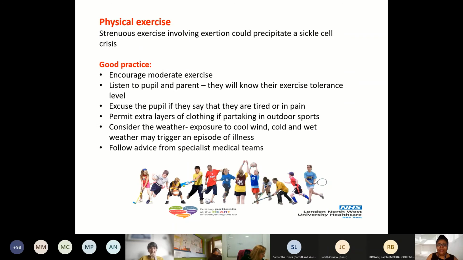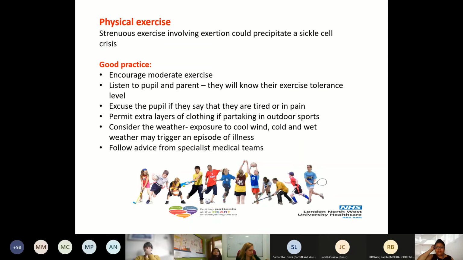Okay, even extreme strenuous exercise can lead to sickle cell crisis. So we encourage moderate exercise, listen to the parent and the pupil regarding their exercise tolerance levels.